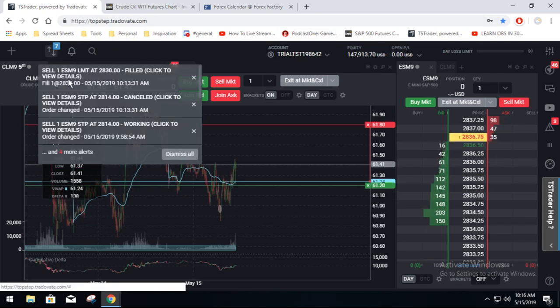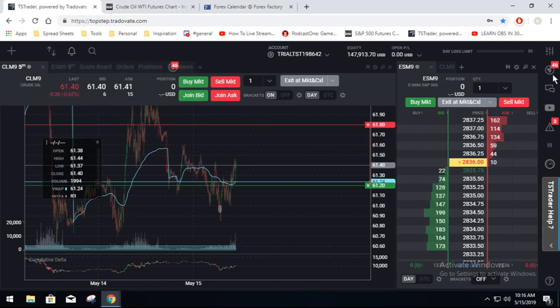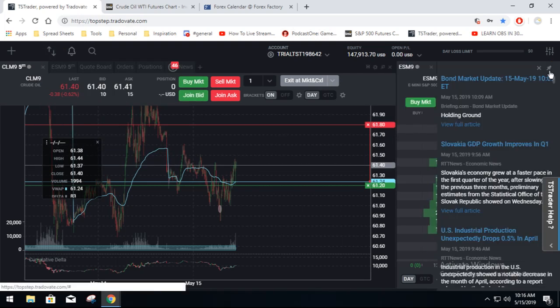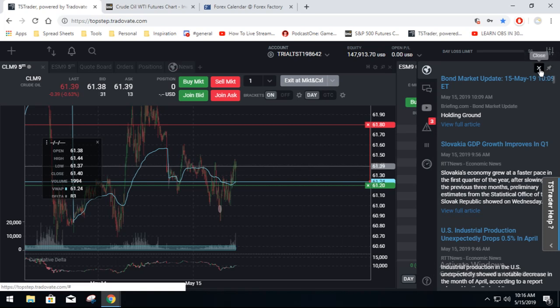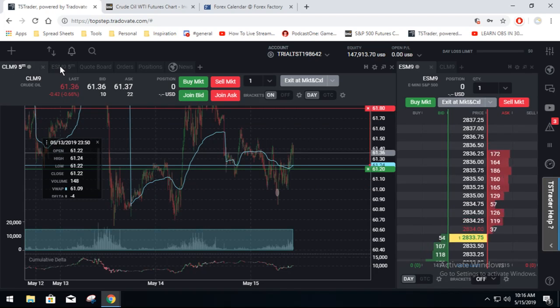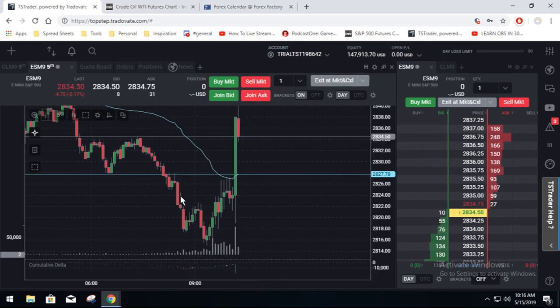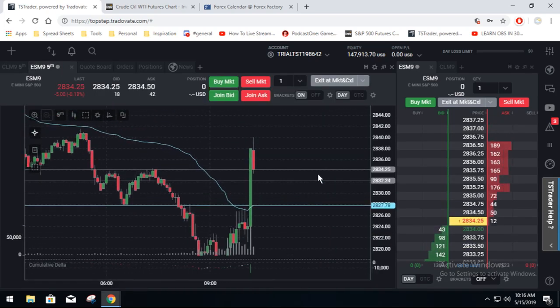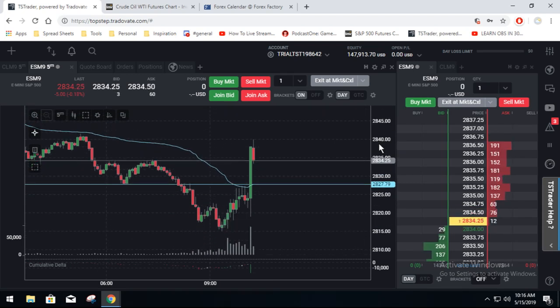See anything coming across on news? Nope. So you can see we just hit 28.40, and we have some sellers in the market.